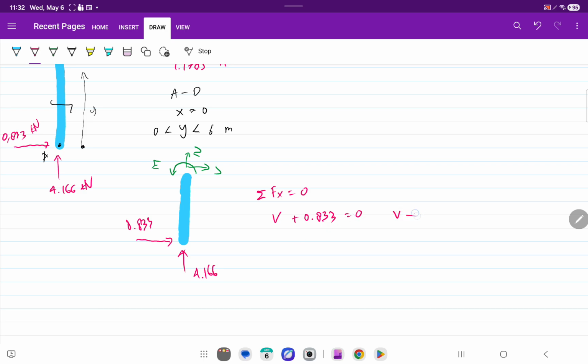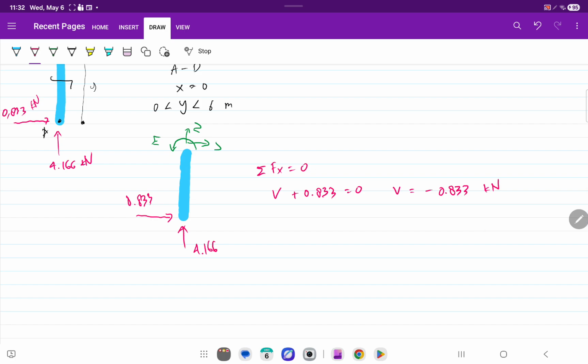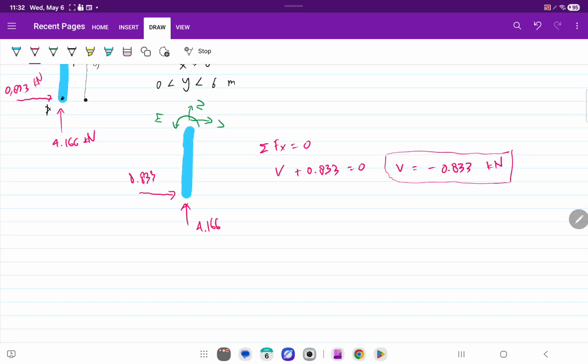Your V is minus 0.833 kilonewton. That's the first solution, for V. And then your sigma Fy equals 0, and that means you have this 4.166 plus N equals 0. Your N will be minus 4.166 kilonewton, and that's for your second.